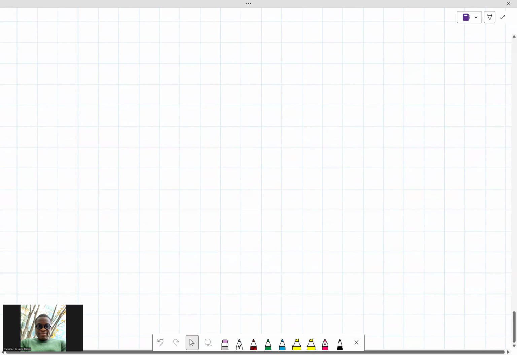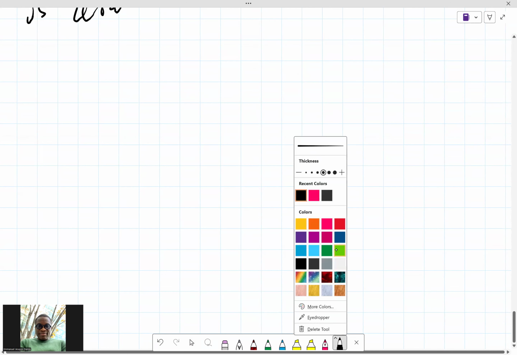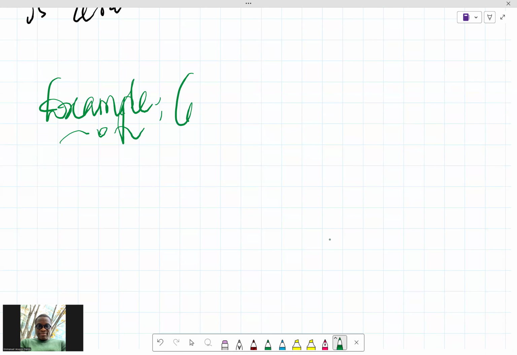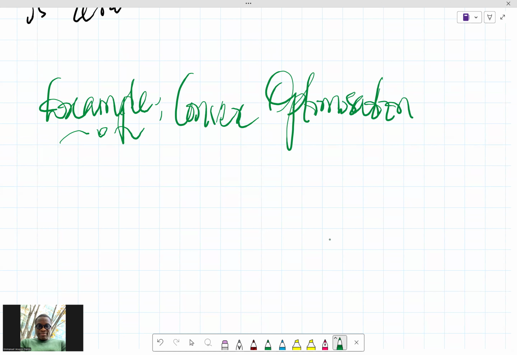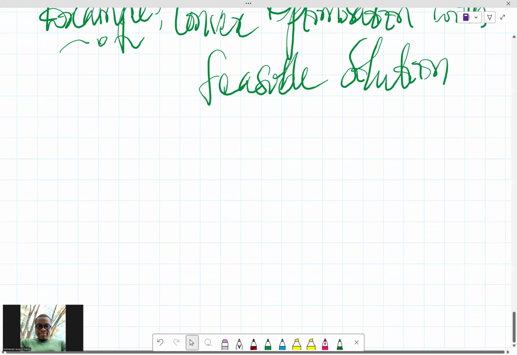Now, let's go ahead and take a problem that talks about feasibility. Say now you have an example which is about convex optimization with feasible solution. That's what we want to see now.